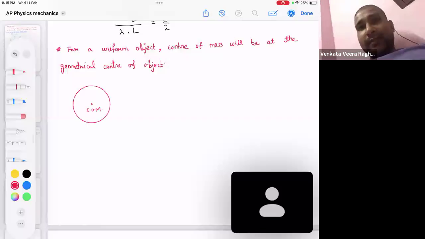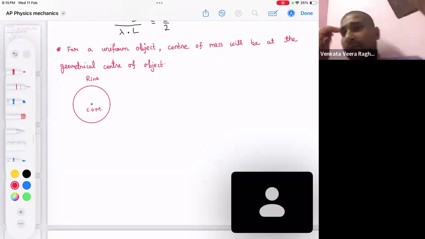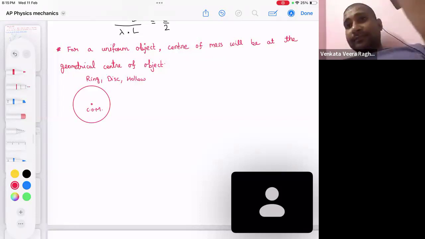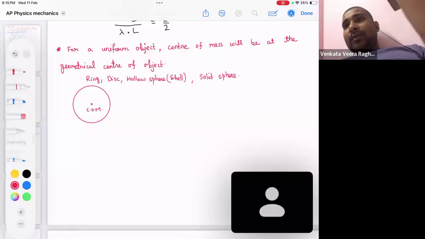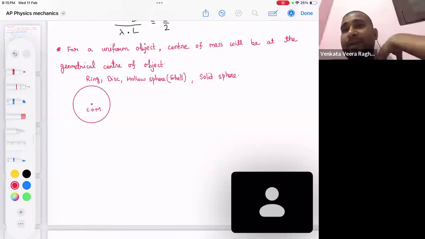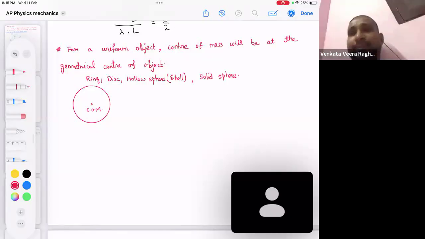So if you have a disk, hollow sphere (a hollow sphere is also called a spherical shell), and a solid sphere, for these cases, what will happen? The center of mass will come at the geometrical center itself. Is that clear? Please tell me.